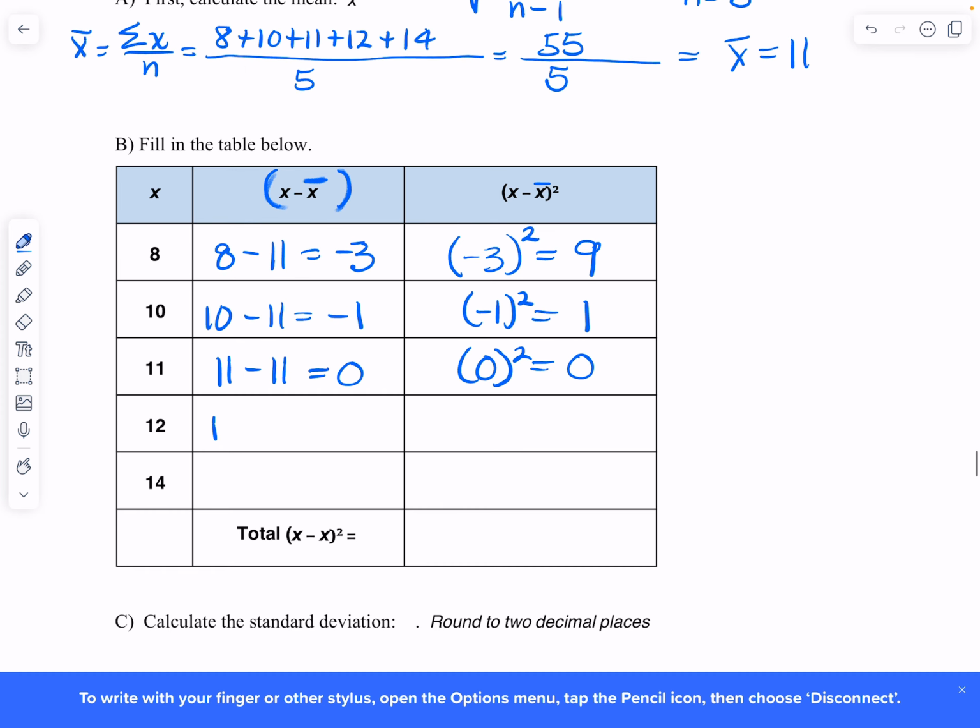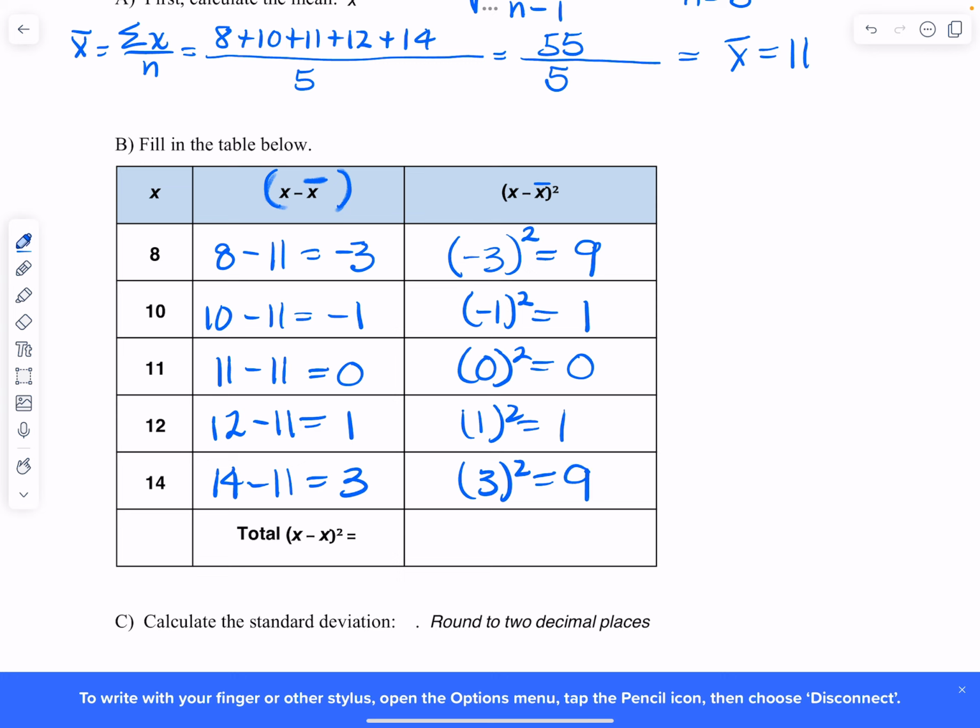Next one. 12 minus 11 is 1. 1 squared is 1. 14 minus 11 equals 3, and 3 squared equals 9, because remember, it's 3 times 3. So for the total of x minus x bar squared, I'm going to add 9 plus 1 plus 0 plus 1 plus 9. Okay, so let's add that up. 9 plus 1 is 10, plus 1 is 11, plus 9 will give me 20.